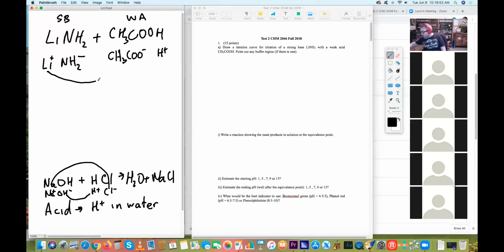So again, we know that the Li+ will join with this, and the NH2- will join with the H+. So the products of this process will be LiCH3COO and NH3.